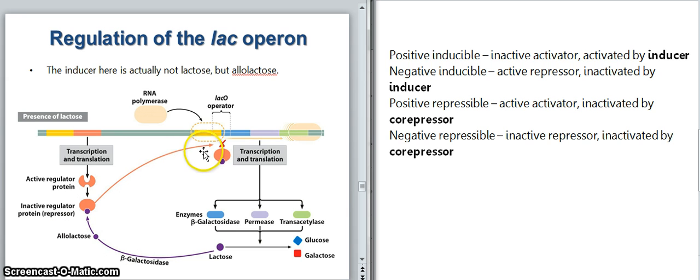Normally the repressor is active, and it's normally on the operator. When allolactose is present, it binds to the repressor and basically removes it from the operator.